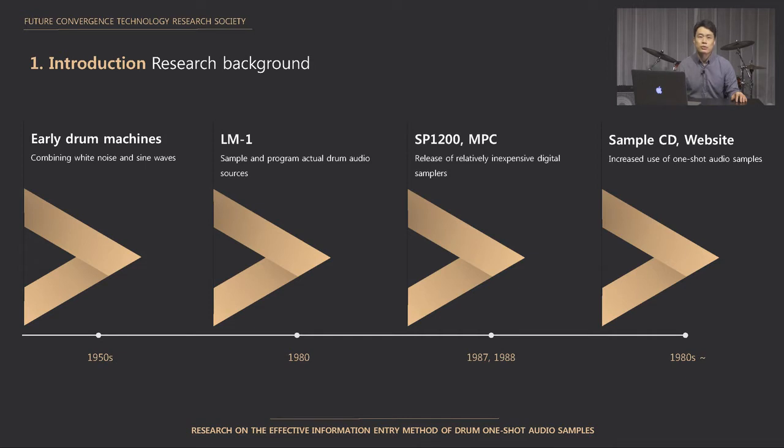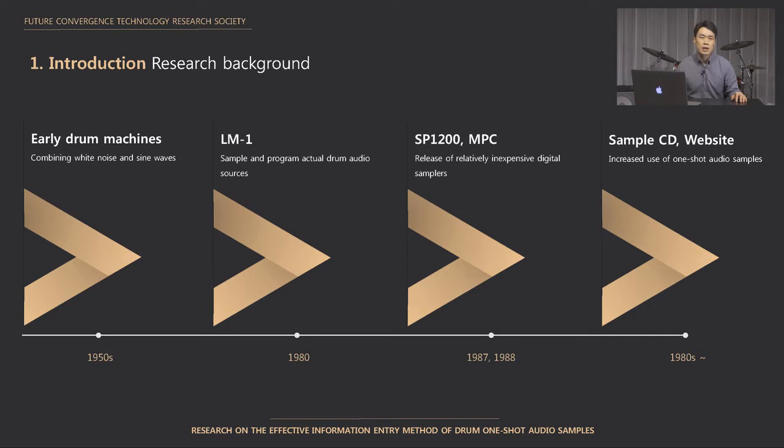Currently, due to the development of the internet, there are various websites that provide audio samples. In particular, Splice, a website launched in 2013, offers millions of samples, loops, effects, and presets, which are used by millions of musicians.